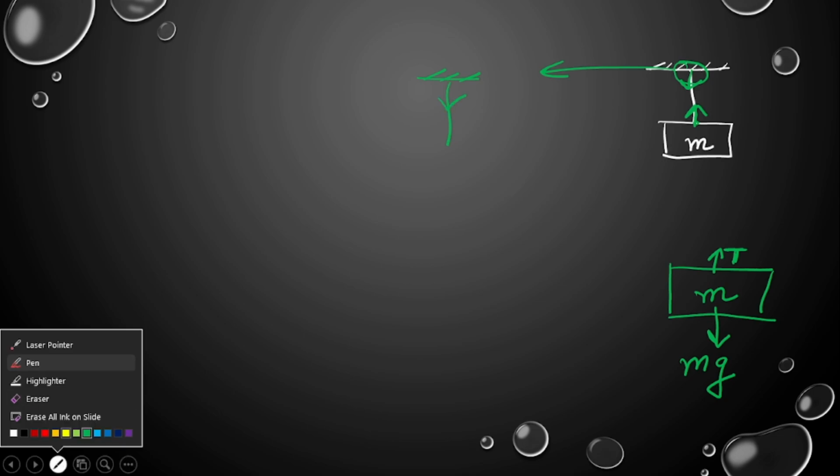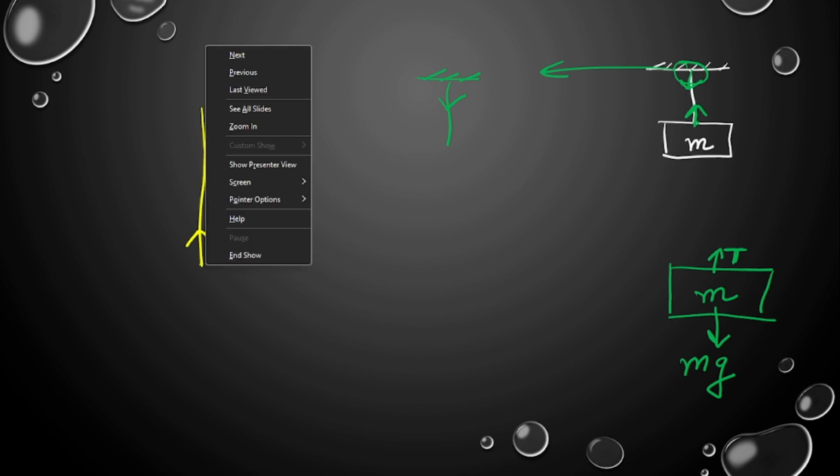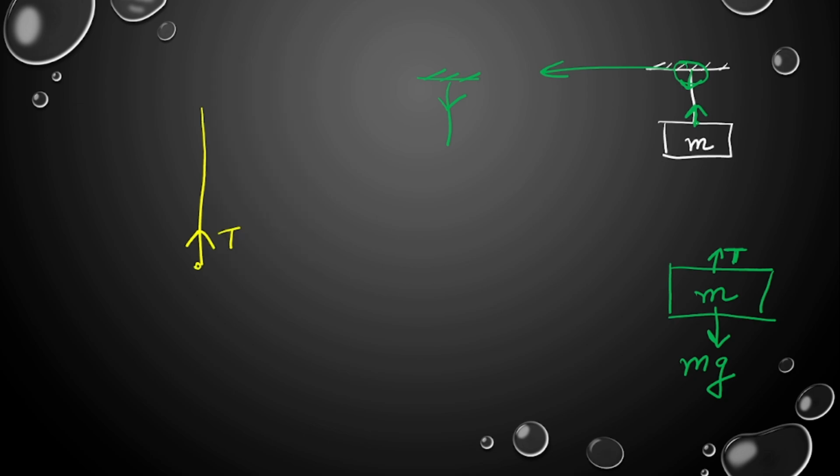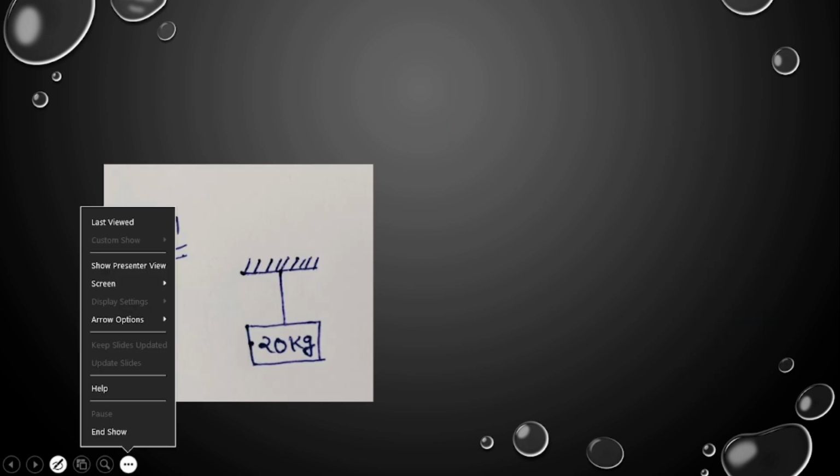So in the string at the lower point, tension is in this direction, which means the tension force is acting in such a way that the length of the string reduces. At this point the tension force is in this direction, means the force is acting in such a way that the length of the string is decreasing. Okay, let us try a few more examples.